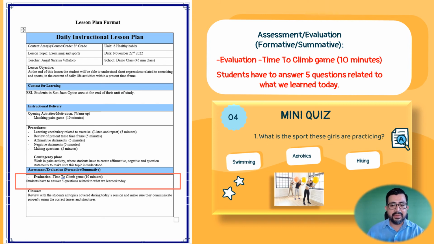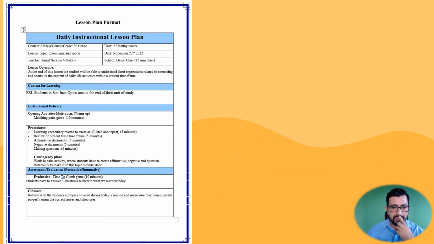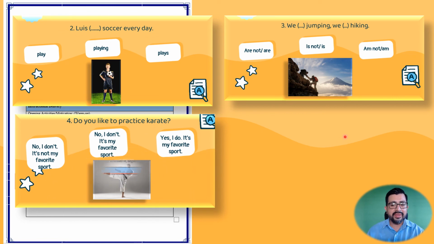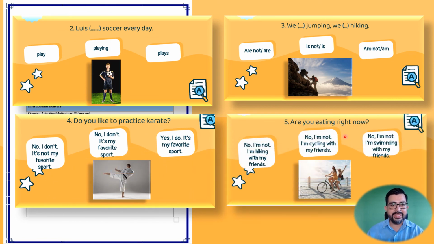As an example, I have here, what is the sport these girls are practicing? The first question is really easy. So swimming, aerobics, hiking. So they need to select the right answer. Okay, and then we have here the next question.